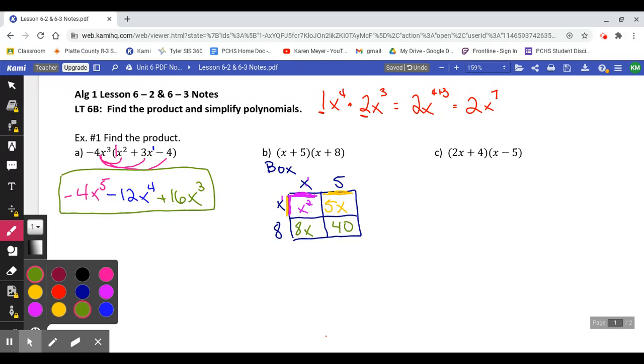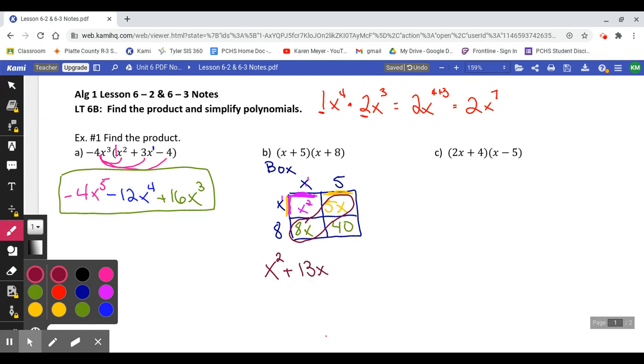And then you want to look for like terms. And hopefully everybody says, oh, look here. 8x and 5x are considered like terms. So remember, go with highest exponent. So I'm going to write x squared first. Then combine your like terms. So 8x plus 5x is 13x.